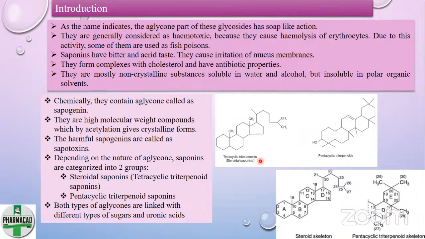So depending on the nature of the aglycone, saponins will be categorized into two groups: steroidal or tetracyclic triterpenoids, and the pentacyclic triterpenoids. Now both these types of aglycones are linked with different types of sugars and uronic acids.